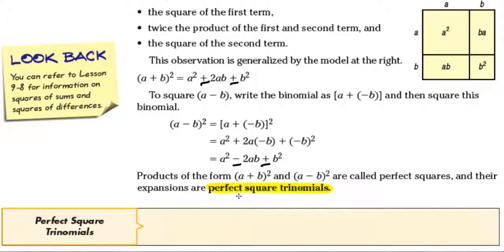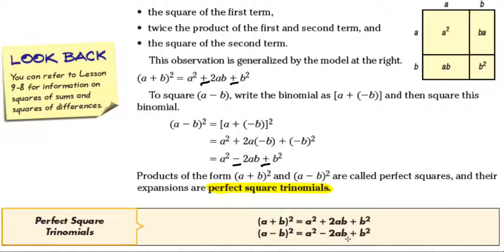We call these perfect square trinomials because obviously they form a perfect square. The rule simply states that the quantity A plus B squared is the same as A squared plus 2AB plus B squared, and the quantity A minus B squared is the same as A squared minus 2AB plus B squared.